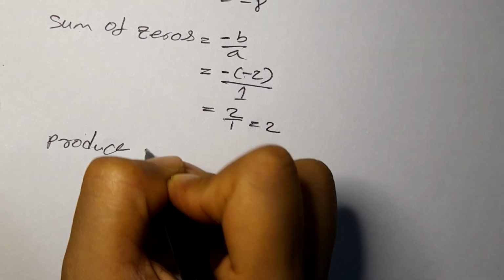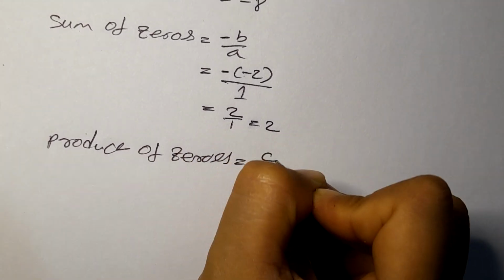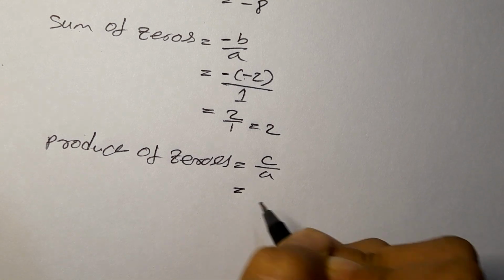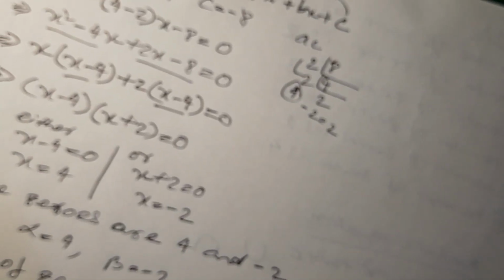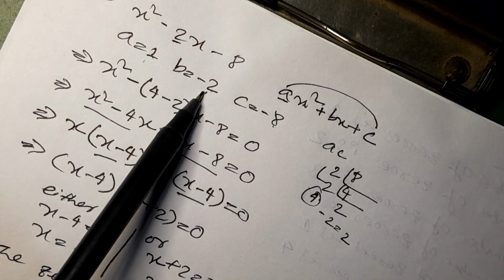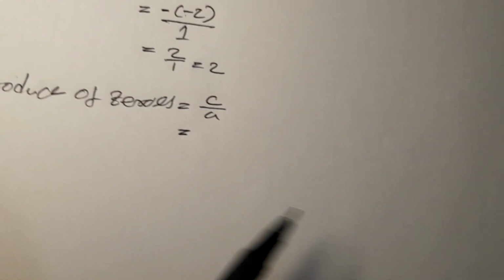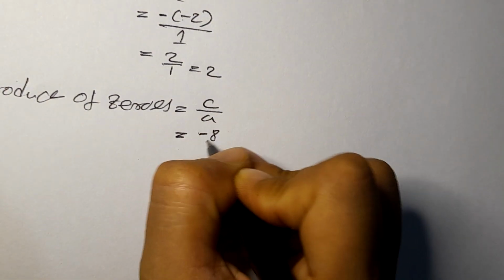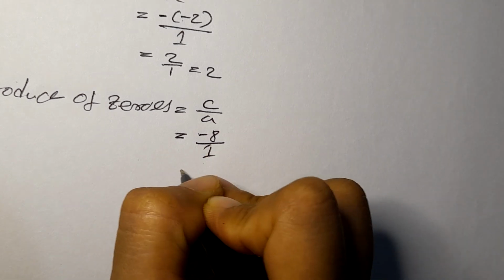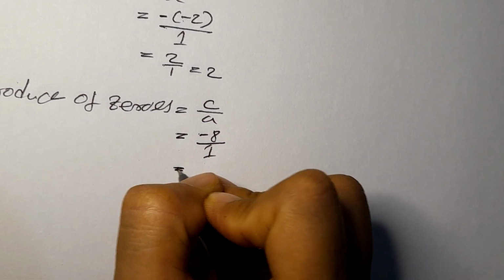Now for the product of zeros, that is c by a. What is the value of c? We have the values of a, b, c. The value of a is 1, the value of b is minus 2, the value of c is minus 8. So minus 8 by a, minus 8 divided by 1. The denominator 1 is not required to write.